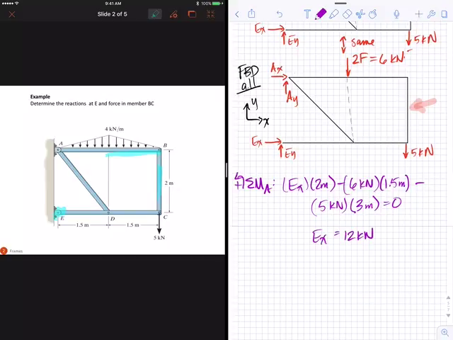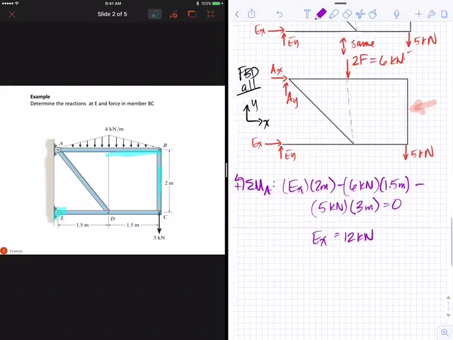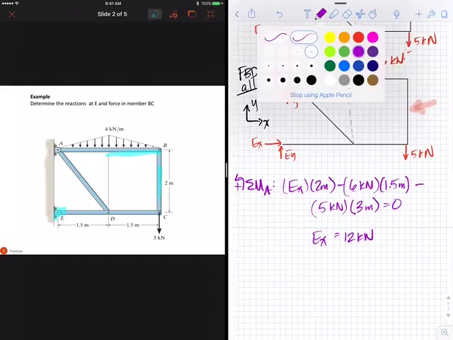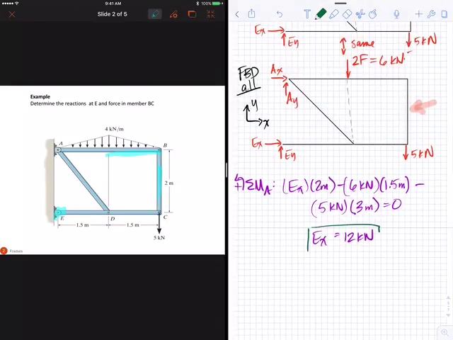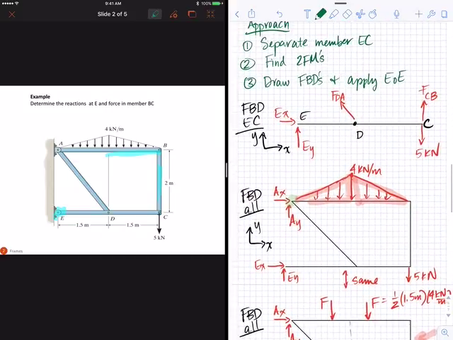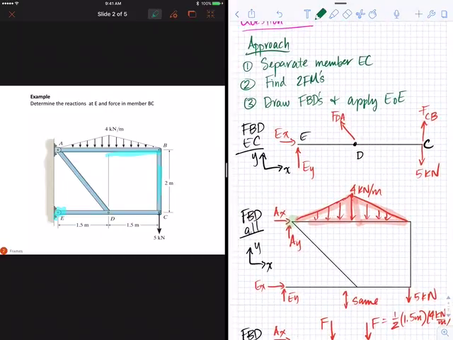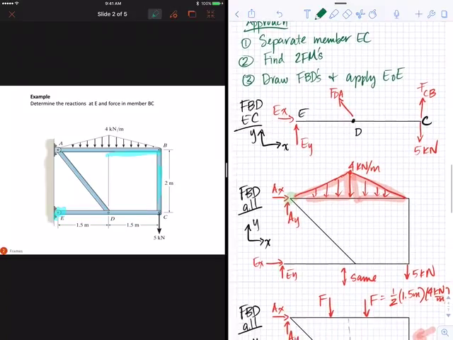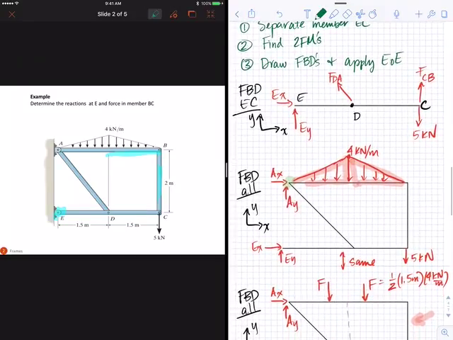Okay, so we've got one, and our directions are correct. So there's one of our answers. Now what do we do? Can we come back here to our original free body diagram? Now that we know what EX is, what else can we do here to solve for this?